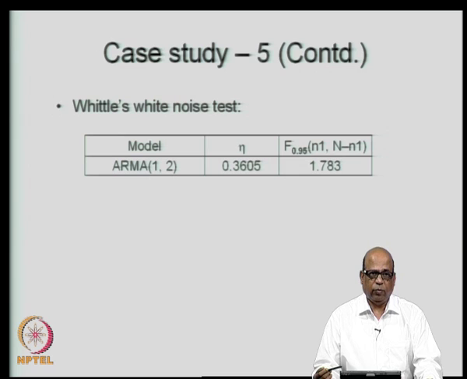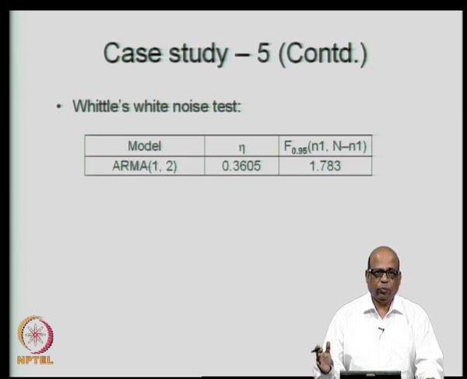correlations, that is, we have to make sure that the residual series that you obtain is in fact a white noise, or the residuals are all uncorrelated. So, this we do by Whittle's white noise test, and this is the statistic that we obtain, 0.3605. Compare this, remember, for the Whittle's test you take n 1 and n minus n 1.